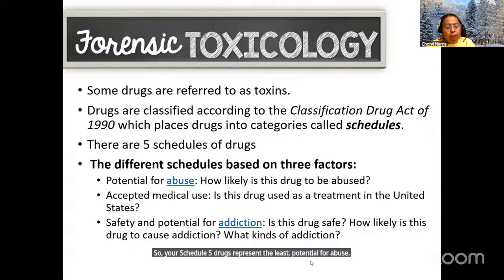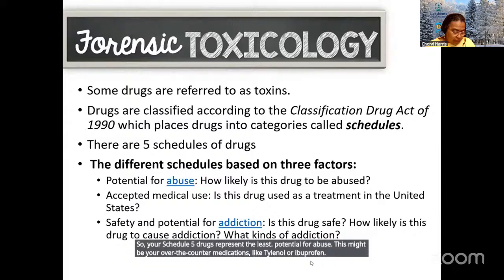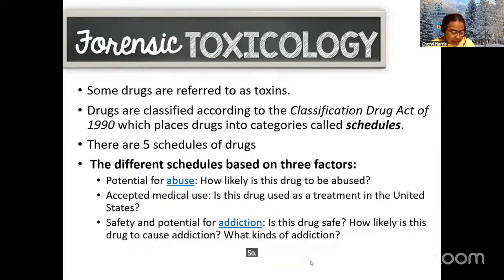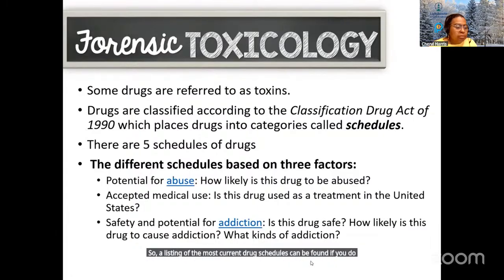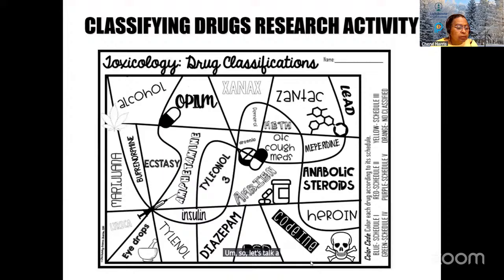This might be your over-the-counter medications like Tylenol or ibuprofen. A listing of the most current drug schedules can be found if you do a search for Controlled Substances Act, or if you go to the DEA's website, they always keep an updated list of the different drugs and their schedules. So let's talk a little bit more in detail about different schedules of drugs.